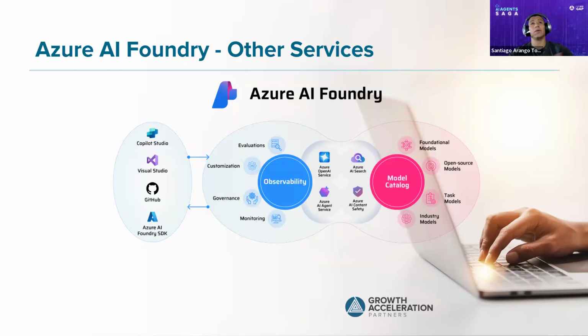Additional to that, you will find on the AI Foundry mostly all the foundational models that we already see around. Plus, many other open source models are actually available on the AI Foundry, mostly from day one. And also, you will be able to see models that are specific to a task. For example, we already know there are LLMs that are capable of answering questions and providing information in text summaries.